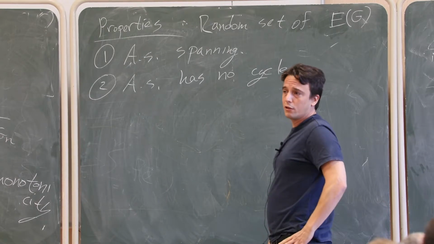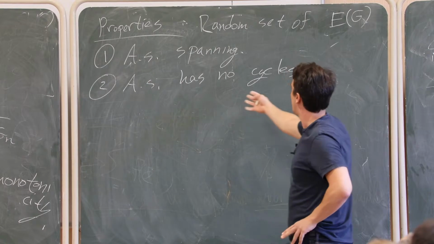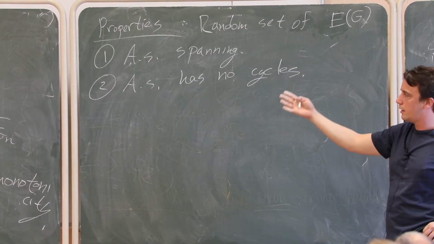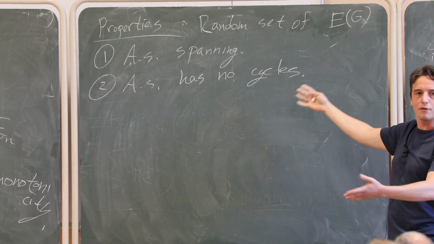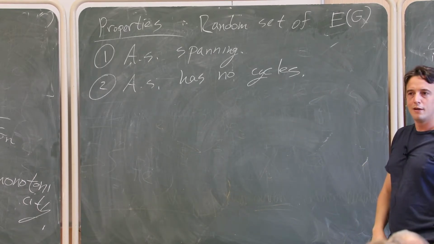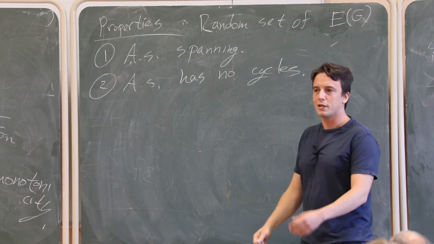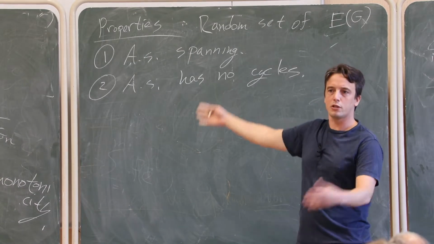But we cannot say anything about the connectivity of this object, and indeed, the connectivity finding criteria. This is the number one question in this area for this object, right? If I give you a graph G, can you tell me a simple way of looking at the graph and telling me whether this object is connected or not?